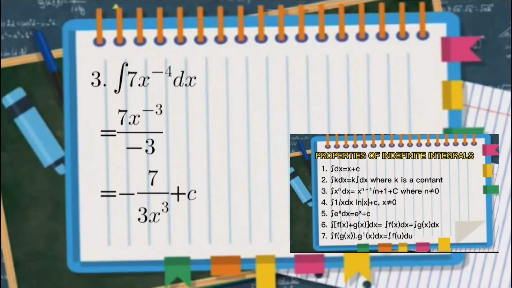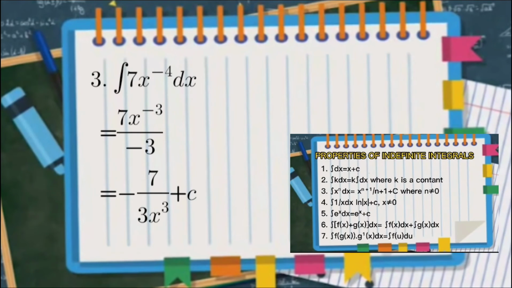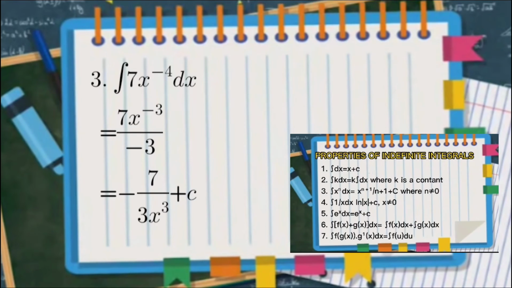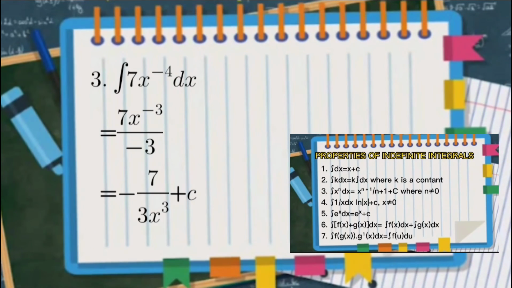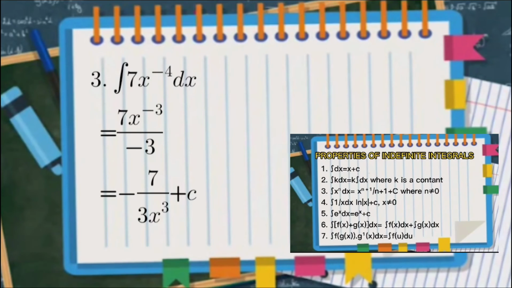So let's start. In the integration of 7x to the power of negative 4 dx, as in the properties of indefinite integral, we add 1 to its power or exponent. So negative 4 plus 1 is negative 3. So we have 7x to the power of negative 3.